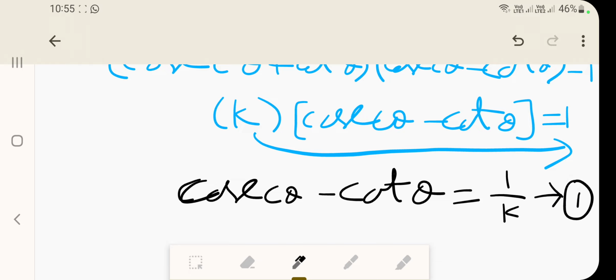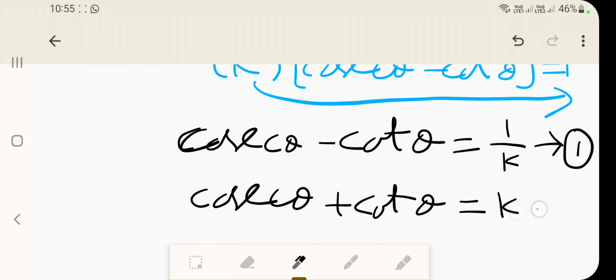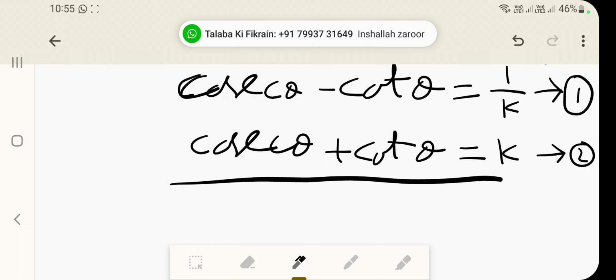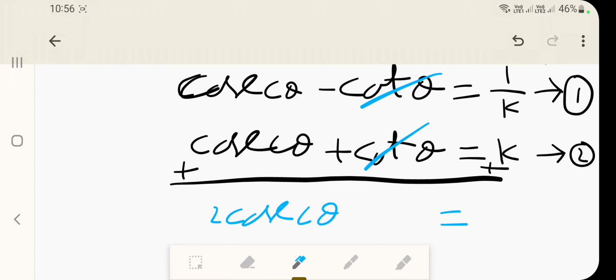And what is given, cosecant theta plus cot theta is equal to k, we can take as equation number 2, and we are going to do the addition of 1 and 2. So here plus, already plus, here plus. When we add these two, plus cot theta minus cot theta will get cancelled, and cosecant theta plus cosecant theta we get as 2 cosecant theta, which is equal to k plus 1 by k.